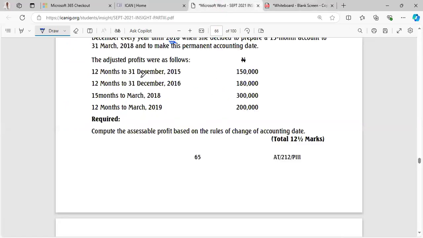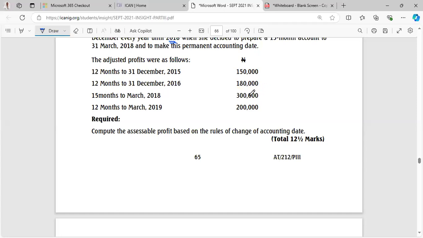Do we have it here? We have 12 months up to 2016, but we have 15 months up to March, so January 1, 2017 should be inside these 15 months.